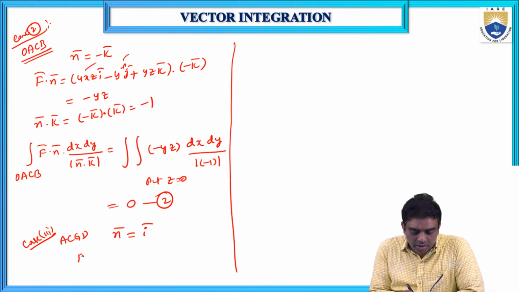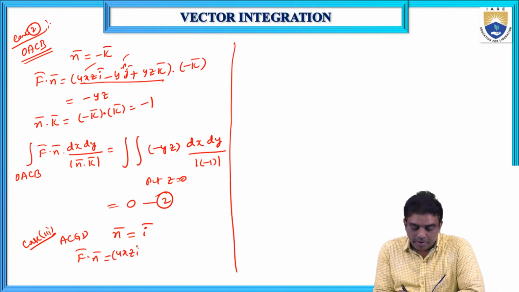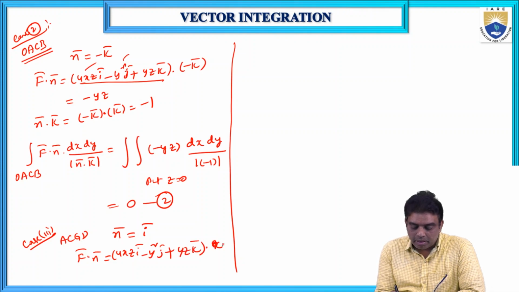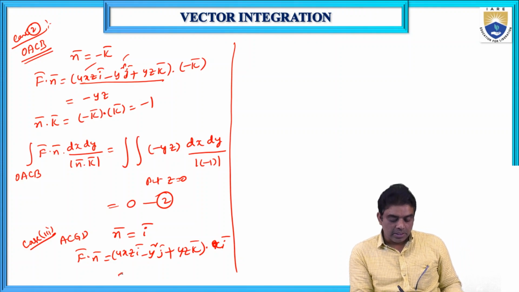Then what is f bar dot n bar? f bar dot n bar is the dot product of 4xz i bar minus y square j bar plus yz k bar with i bar, because the outward normal vector is in the direction of positive x-axis.